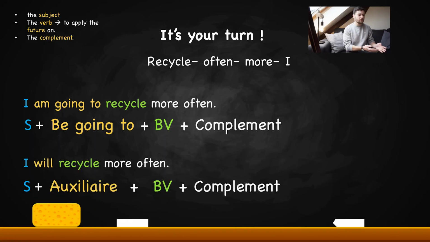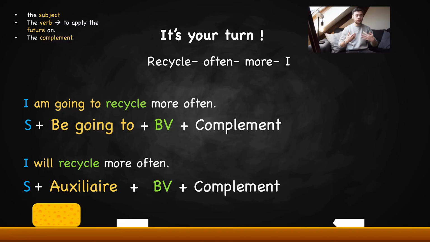Okay? Second sentence that could also express this action in the future, we have I will recycle more often. We have the subject, we have the auxiliary, we have the base verbal, here recycle again, and we have the complement. Here, it's very striking the difference between be going to and will. But again, it depends on the context.